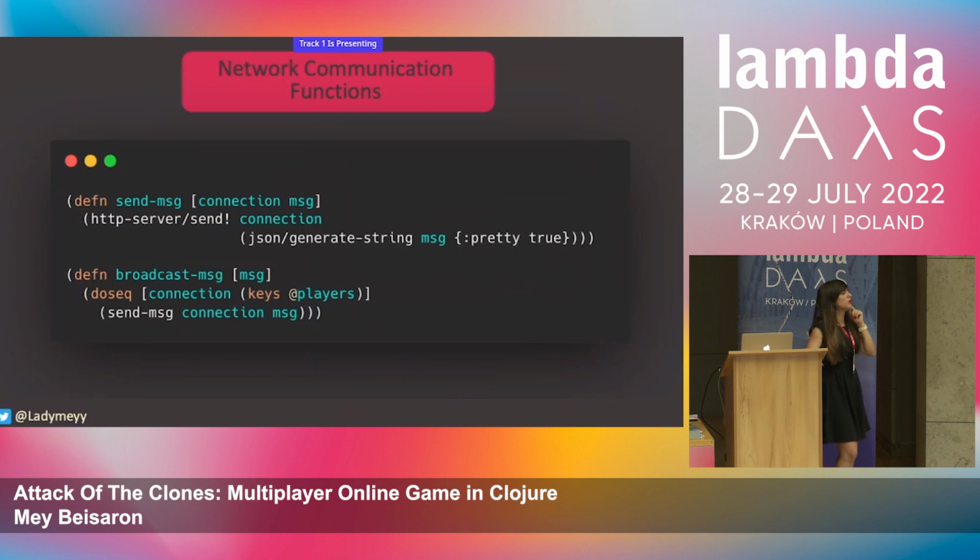I'm using doseq in order to send every single message separately. I admit it's not the best thing. It's not very scalable. But if it's your first game that you're developing, I would recommend starting simple and then going from there. At least this is what is good for me. I think it was fun to do something simple and then try to evolve from that.